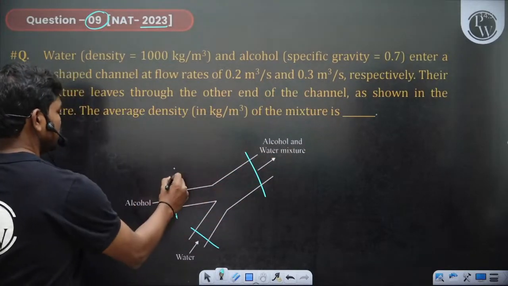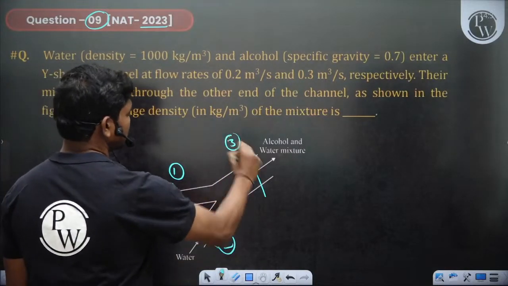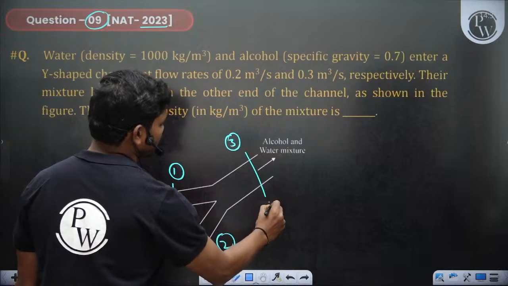Okay, so this is section 1, this is section 2, and this is section 3. Very cute questions come in GATE nowadays.